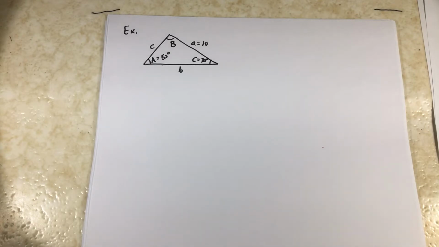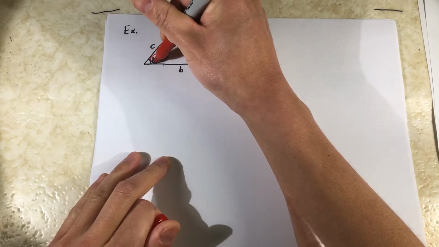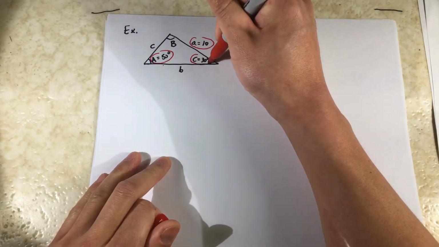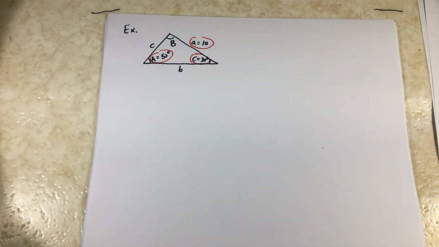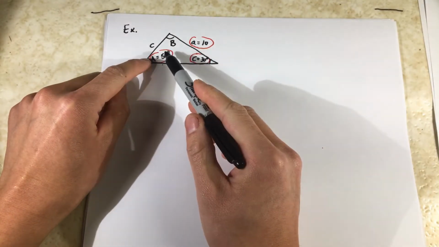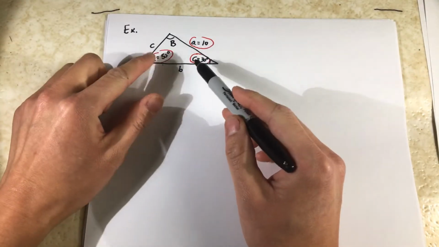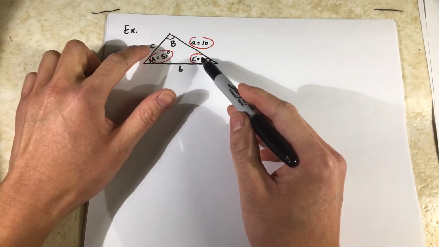If we look at this, let's circle the things that we know. We know this side, this angle, and this angle. So this is a classic law of sines triangle: we have an angle and the side opposite. Then we have this angle, but we don't know the side opposite.